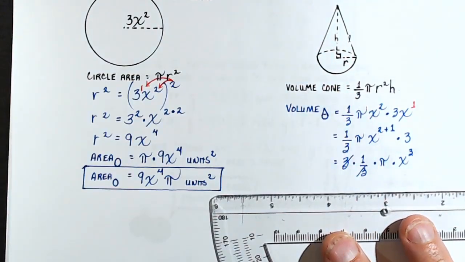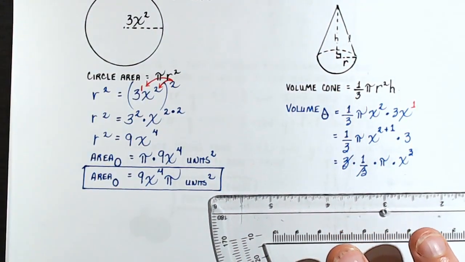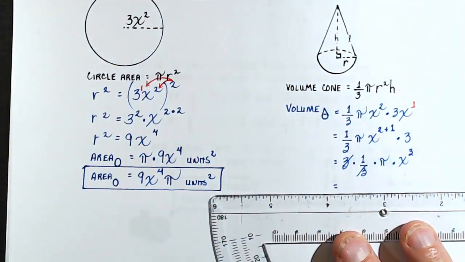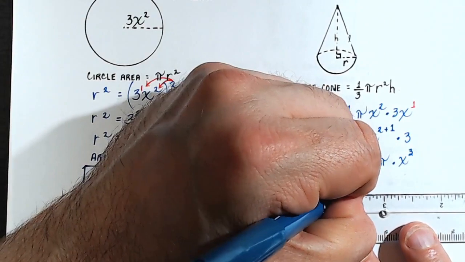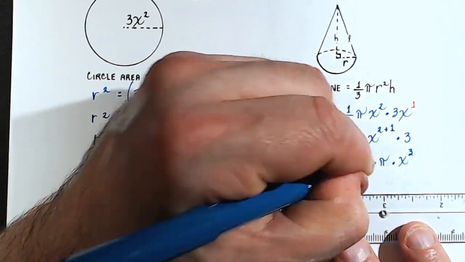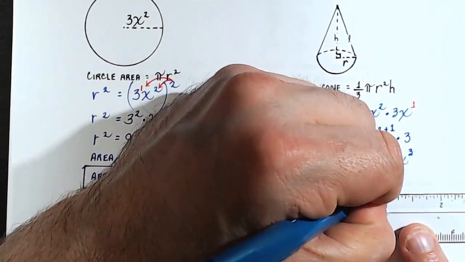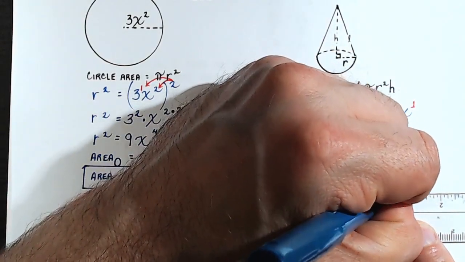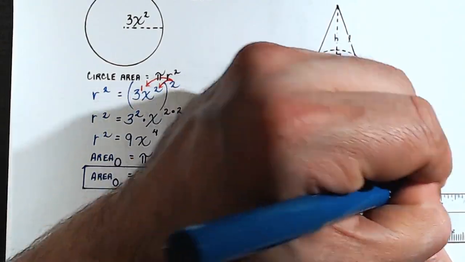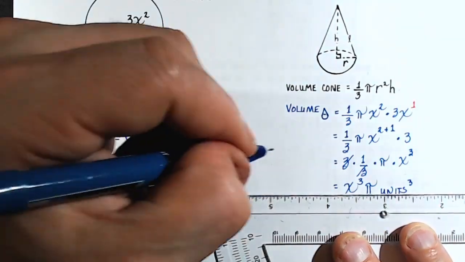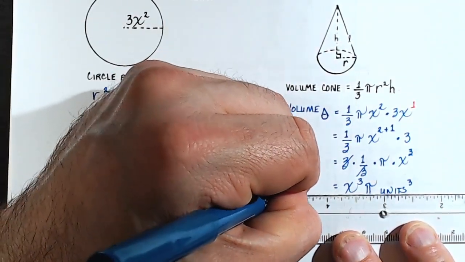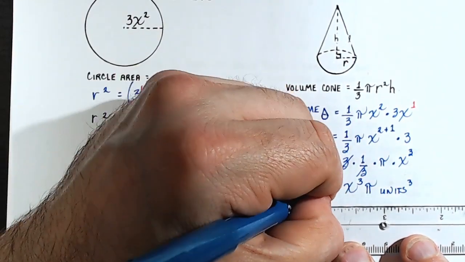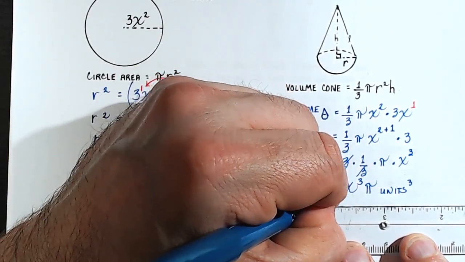Okay, I cancel those 3's and I just have 1, right? So we don't need to write the 1. We can just write x cubed times pi units cubed. Okay, this is the volume. We always write the volume of our cone in cubic units.